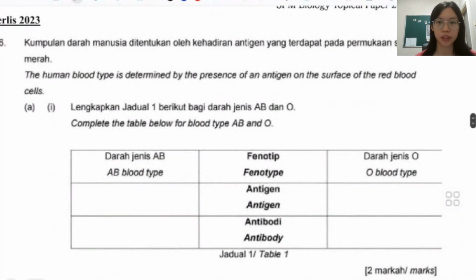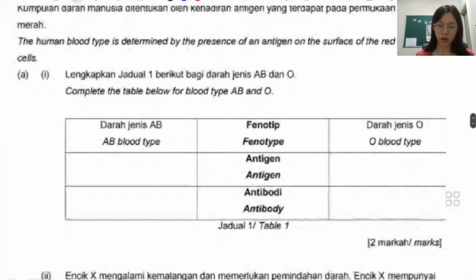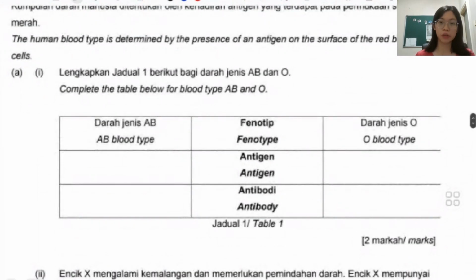on the surface of red blood cells. They want you to complete the table below for blood groups A, B, AB and O. What are the antigens present on them and the antibodies they have? For O blood type, they don't have any antigen present on their red blood cell. What about AB blood type?